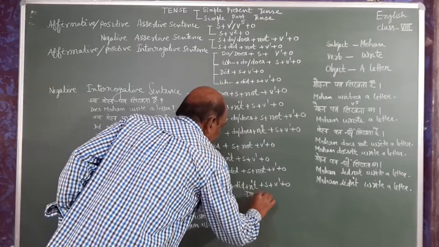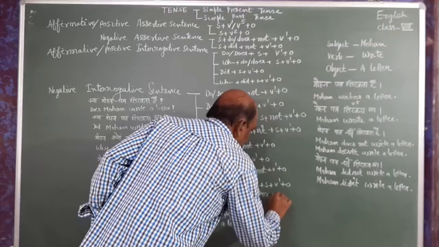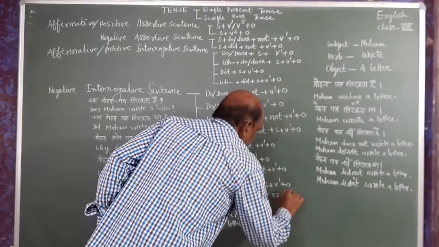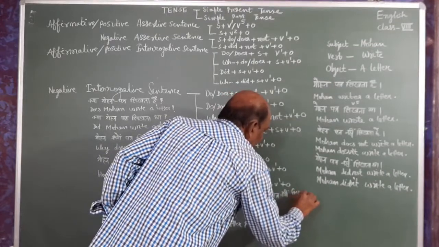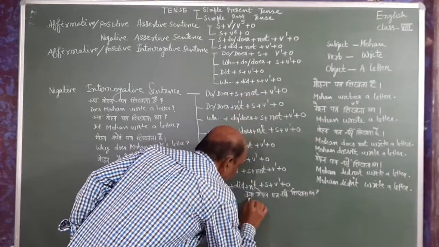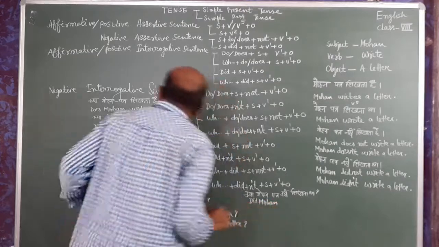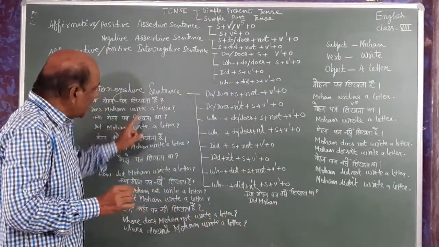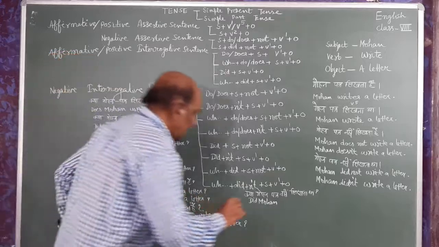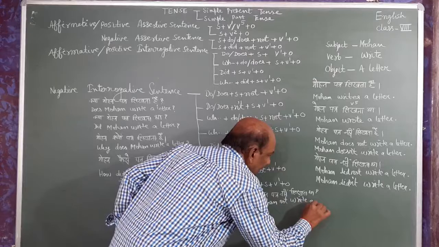Now in past tense. Kya Mohan patra nahin likhta tha? Did Mohan, see here, did Mohan write a letter? We will put not here. Did Mohan not write a letter?